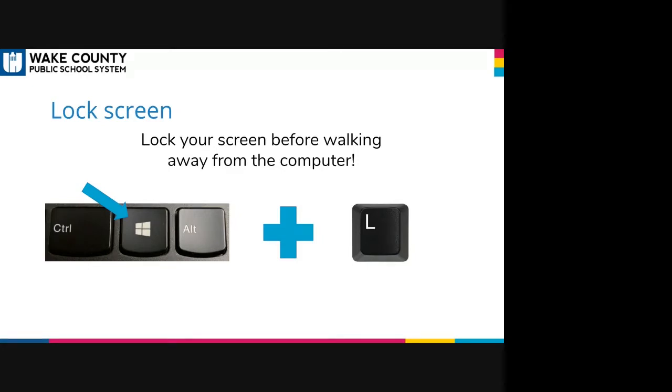So if you look on your keyboard to the left of the space bar, you should see that Windows button. If you press the Windows button L, that will lock your computer and you just type your password in or use your fingerprint to unlock it when you come back. It's just a good habit to get in. Bar Vinyl has helped me get in that habit this year especially, just to keep our data and all of our things secure.